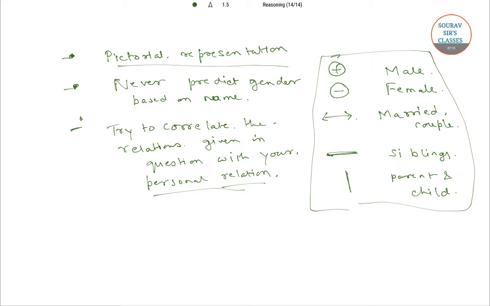This correlation will help you understand the question better. So, try to correlate the relationships given in the question with your own personal relationships. It will help you understand better and give more accurate answers.